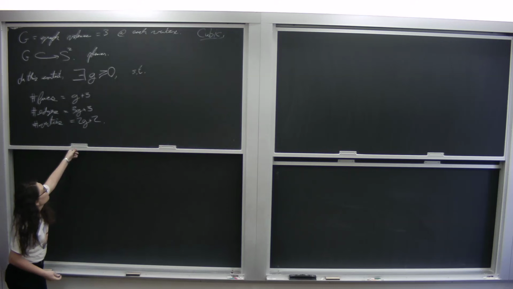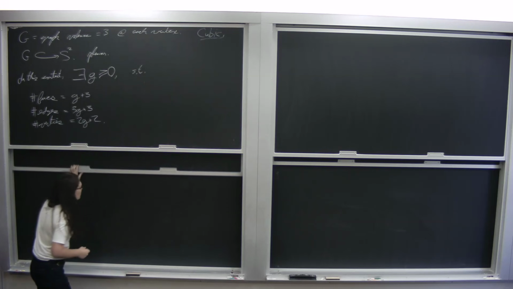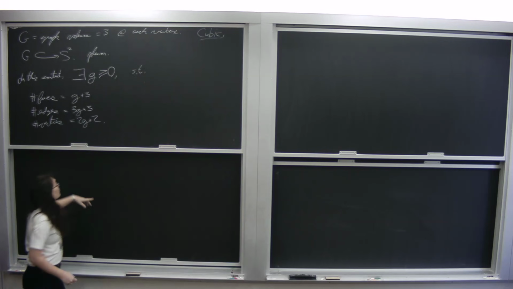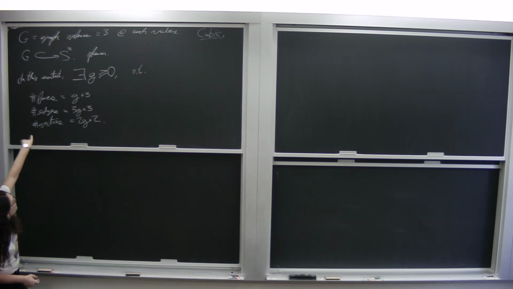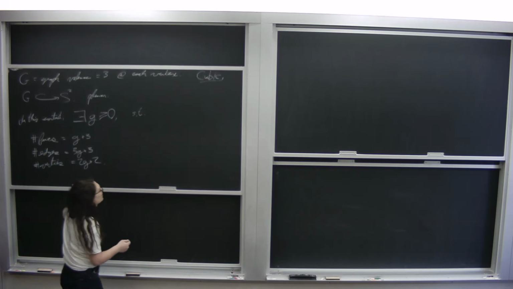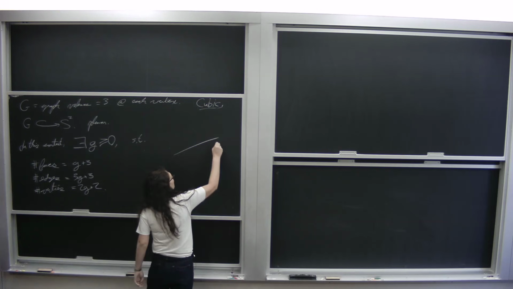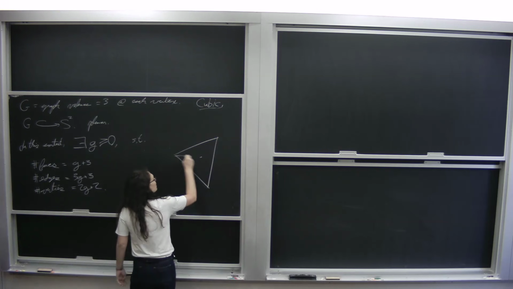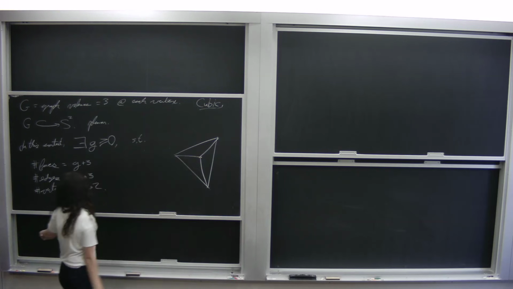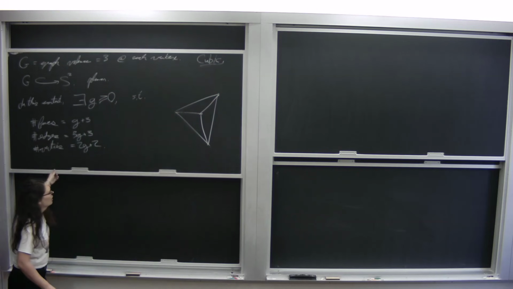which just follows from the valence 3 property plus the characteristic of the plane. So ones to have in mind is maybe like a tetrahedral graph or kind of others. Right.